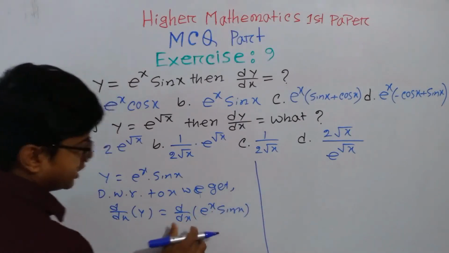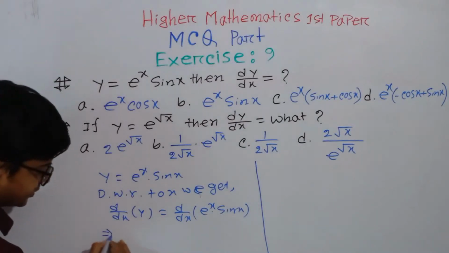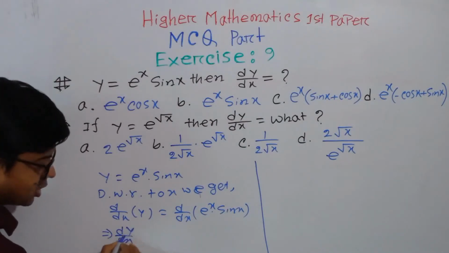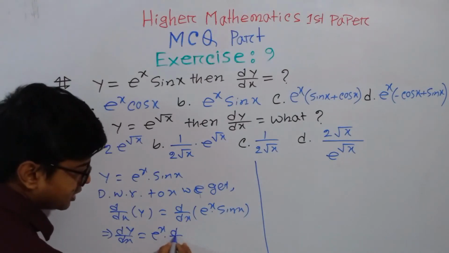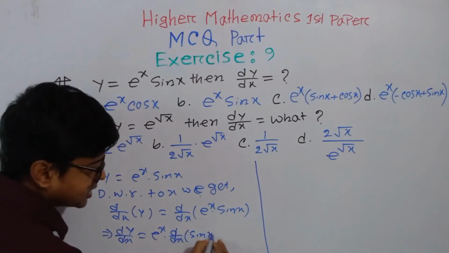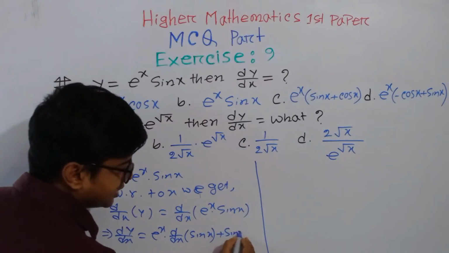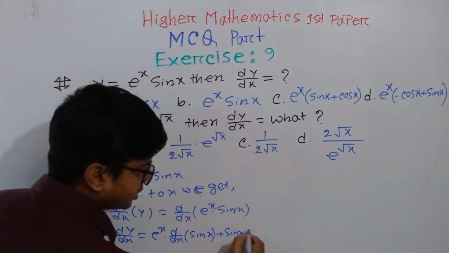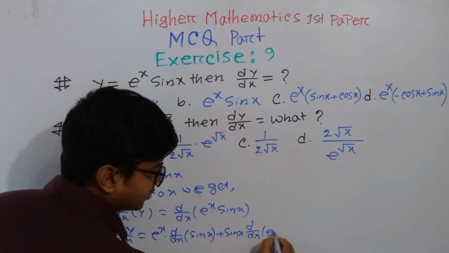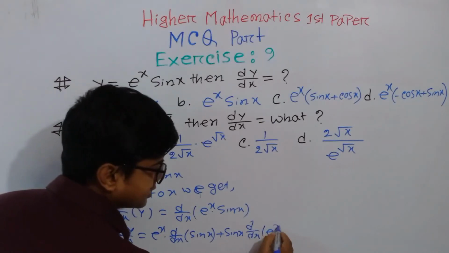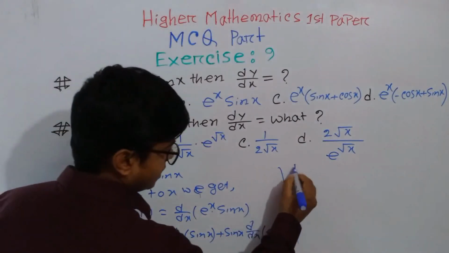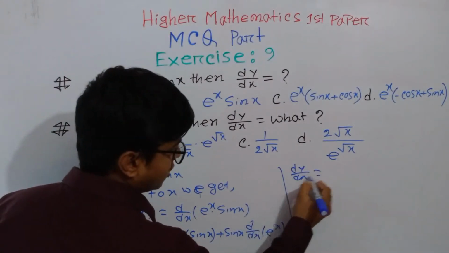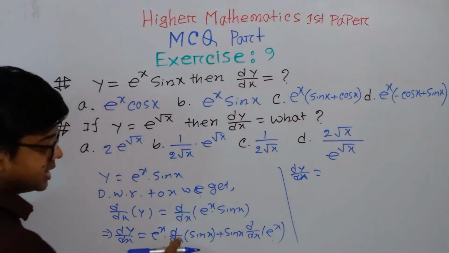So here after this line, d/dx of y equals e to the power x into d/dx of sin x plus sin x into d/dx of e to the power x. Here after this line, d/dx of y, here look at this, d/dx of sin x.